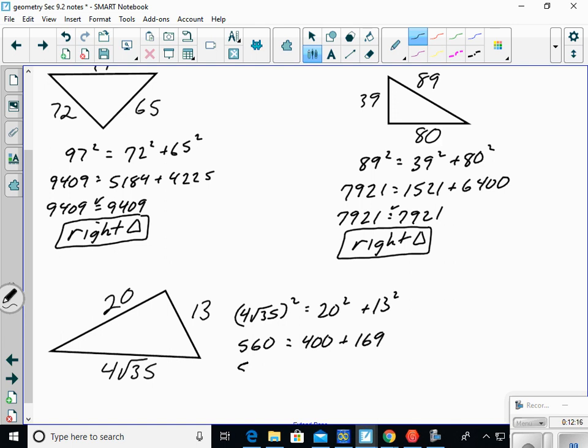So I get 560 equals 569, which is close, but they're not the same. So since those are not equal, that is not a right triangle.